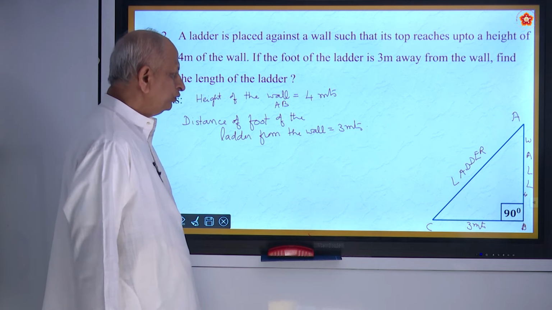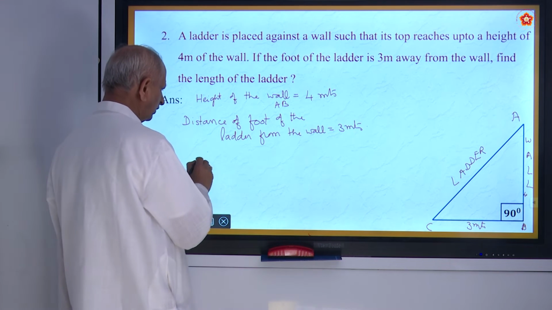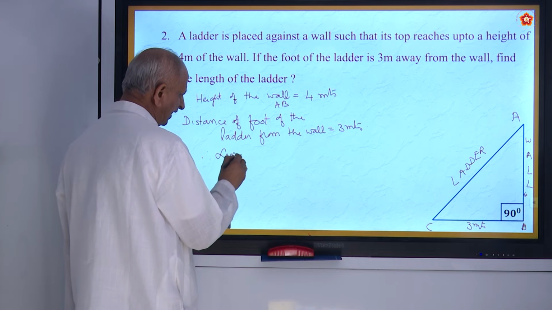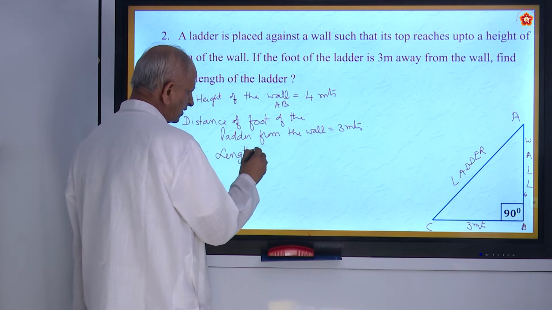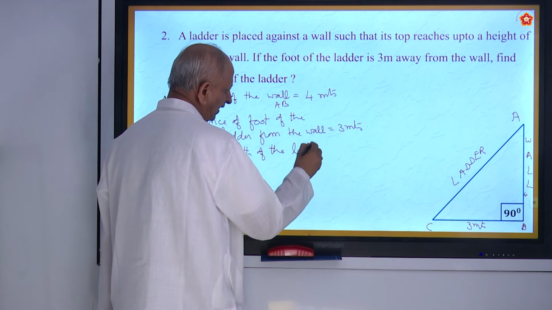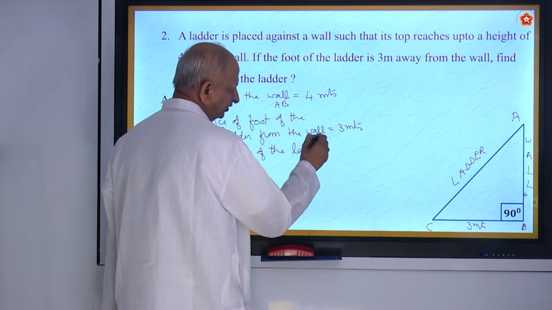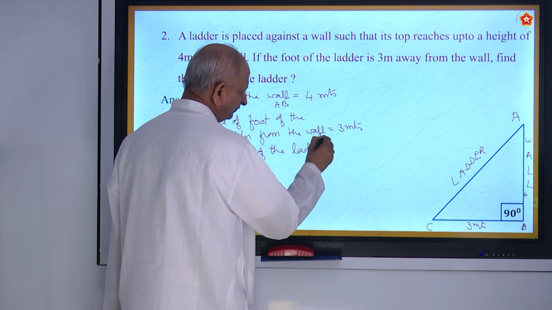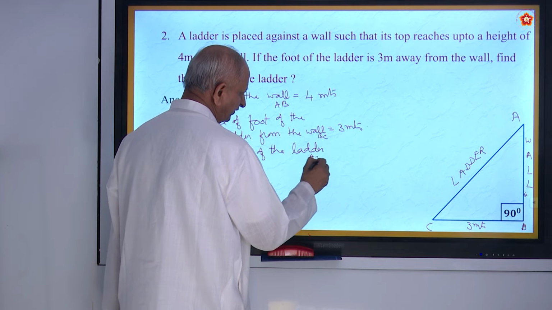Using these two, therefore, the length of the ladder, AC, how much?